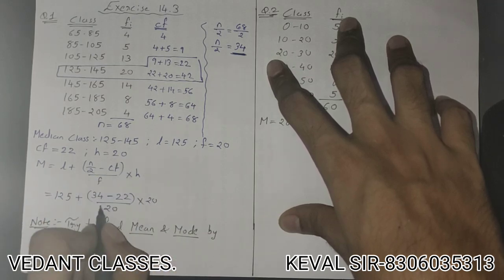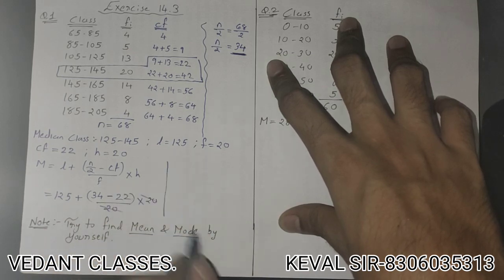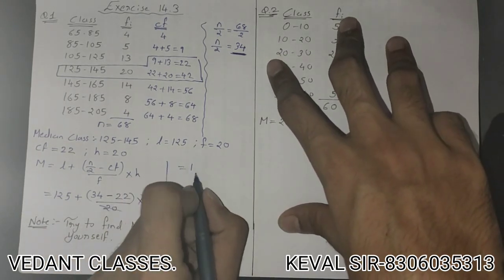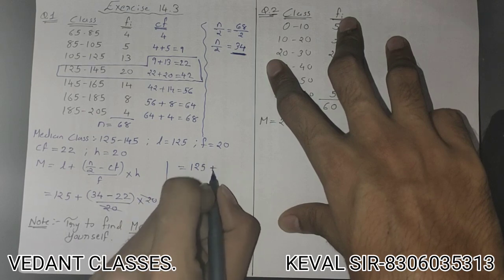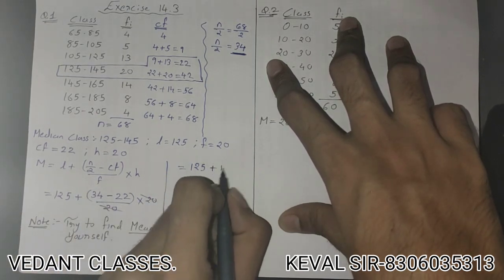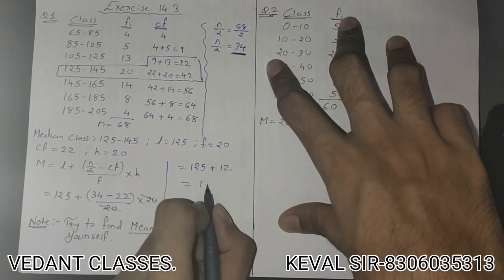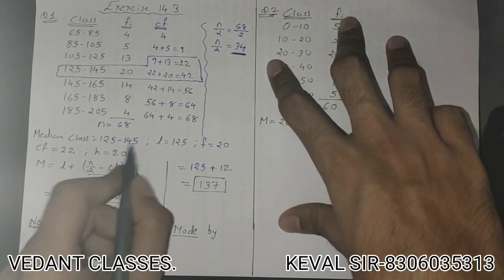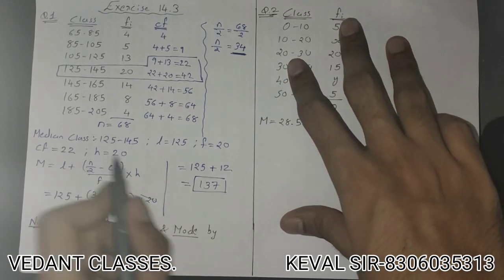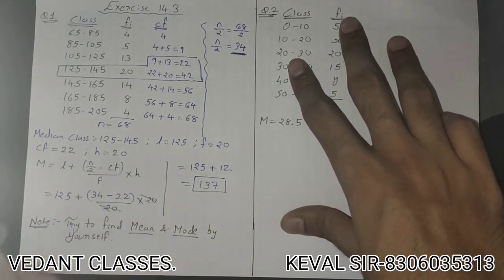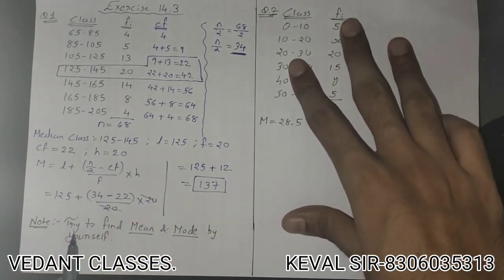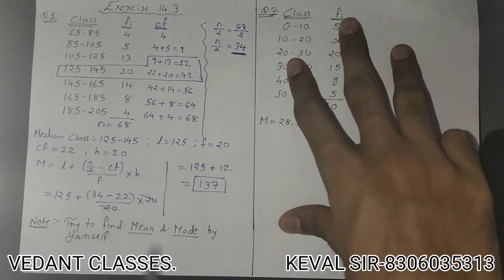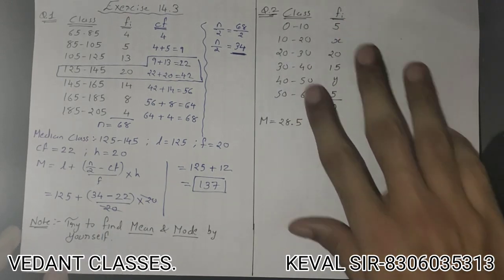So we can easily cancel these two values. This will be 125 plus 12, so our answer will be 137. Remember that your answer will always lie within the median class. So 137 belongs to 125 to 145, so it is correct. In this question we also need to find mean and mode, so try it by yourself.